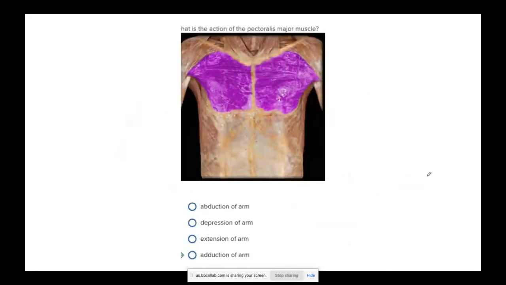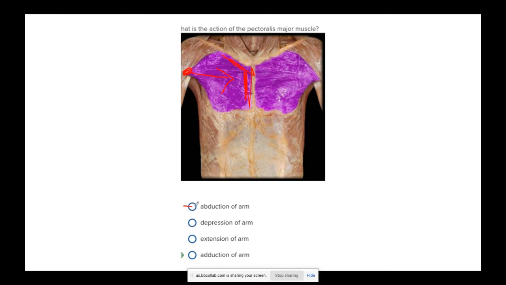Okay. So now let's look here. We're looking at a dissection. Here is the front of the chest. This is the large muscle called the Pectoralis Major, but what is the action? So if a muscle is originating here, but is inserting here, when the insertion moves, it's going to bring the arm in this direction.